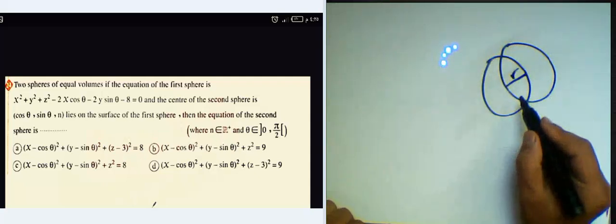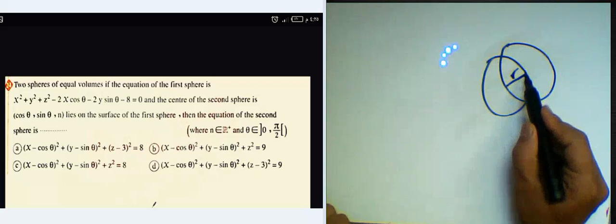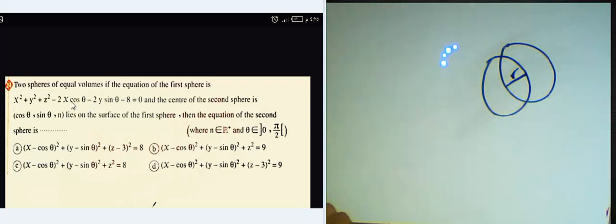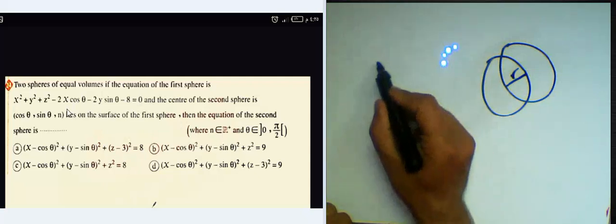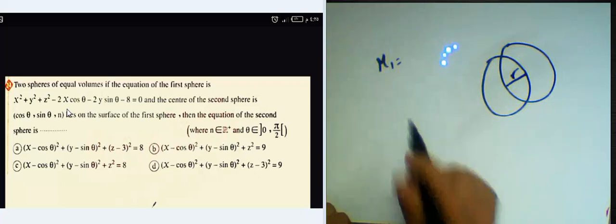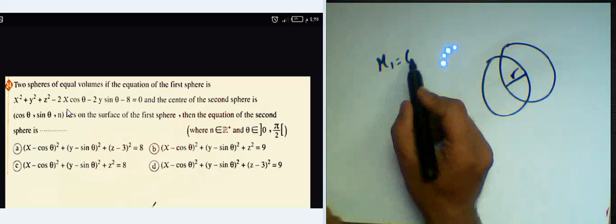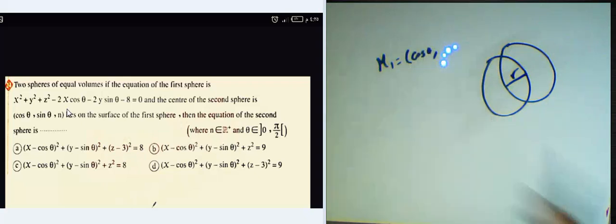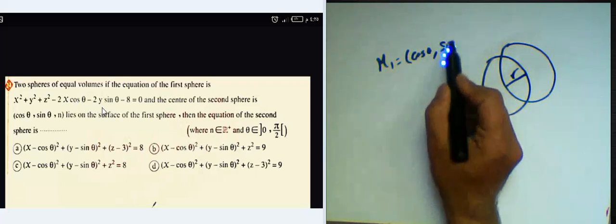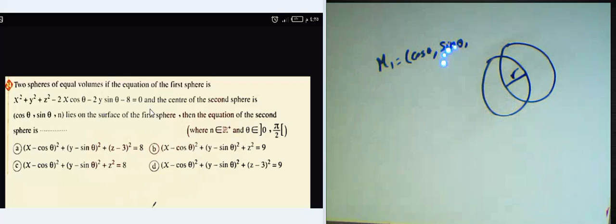It's the radius here. We have the center about 1, negative coefficient of x, negative coefficient of y, negative coefficient of z divided by 2. Then R1, we can find the center first step. Negative coefficient of x, here it will be cosine theta, and negative coefficient of y equal sin theta, and we have in z here it will be 0.